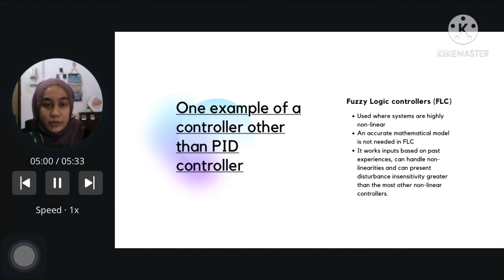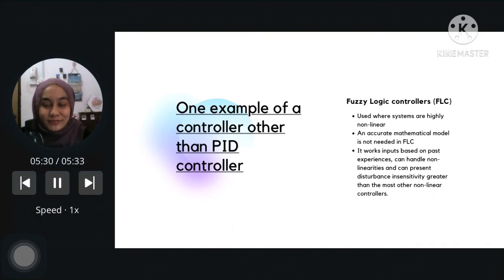Due to this reason, FLC are a good choice among researchers. An accurate mathematical model is not needed in FLC. It works on input based on past experience, can handle non-linearities, and can present disturbance insensitivity greater than most other nonlinear controllers.